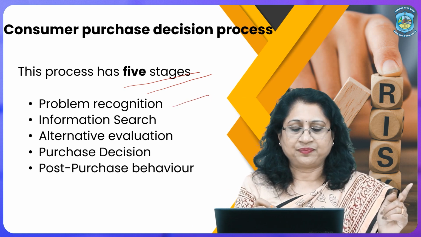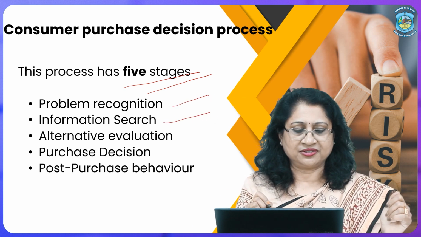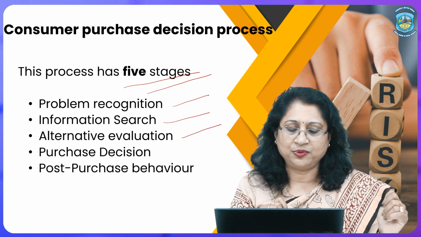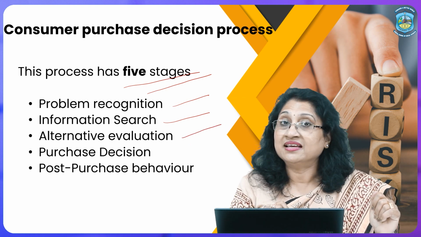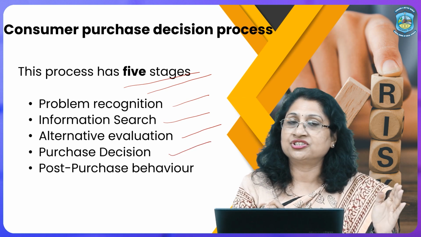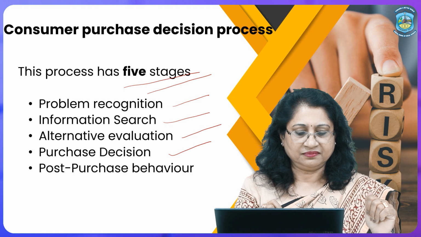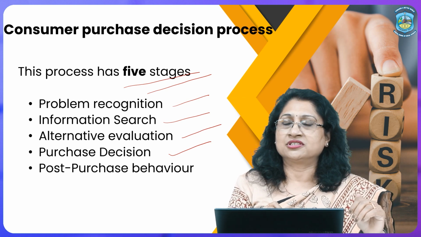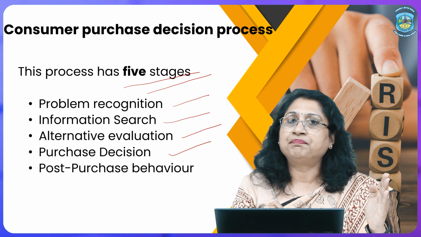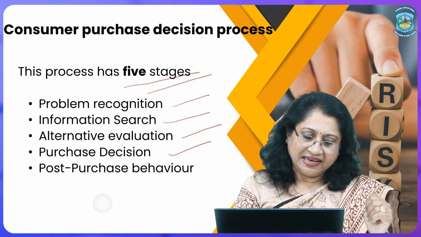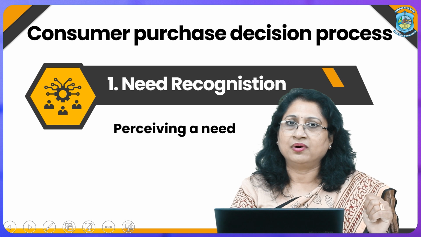The second is information search, which is followed by alternative evaluation, and then comes the purchase decision. The last one, but the most important one, is post purchase behavior. Let us discuss each one of them one by one.